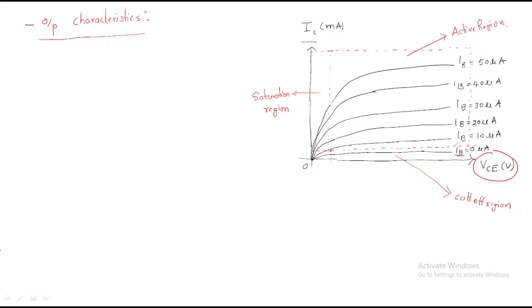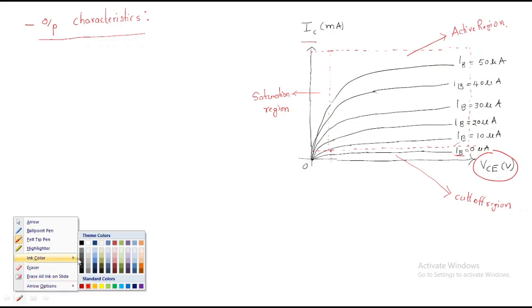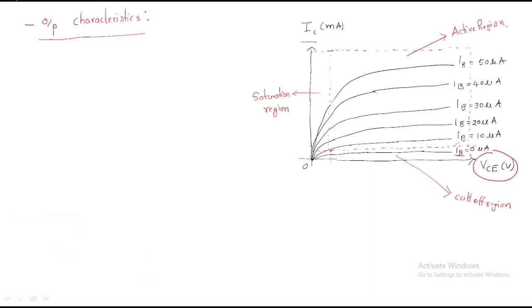Simply, we can say that by maintaining the base current IB, the output characteristics must be drawn and analyzed, otherwise it is not possible.